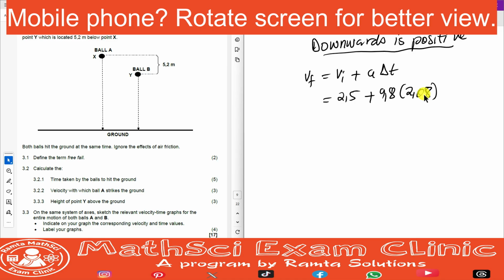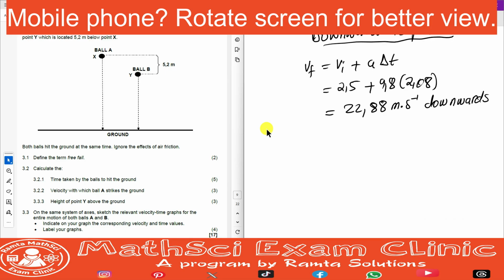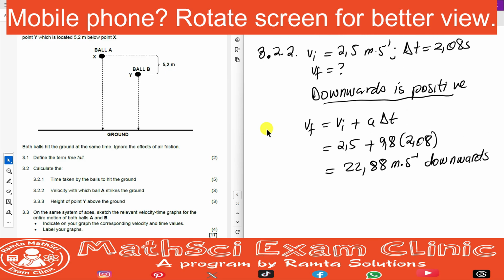This gives us, correct to 2 decimal places, 22.88 meters per second downwards. All right? Perfect. Now, let's see. We are done. This was 3.2.2.